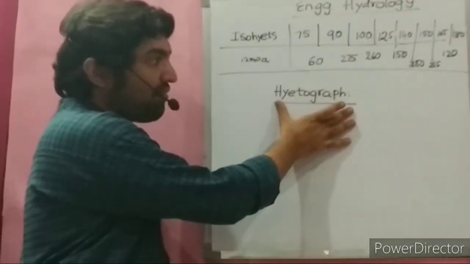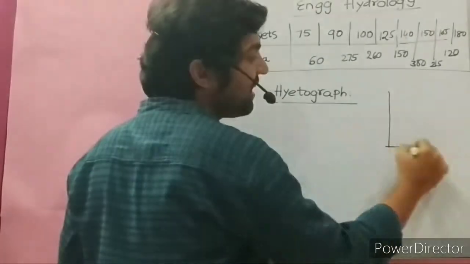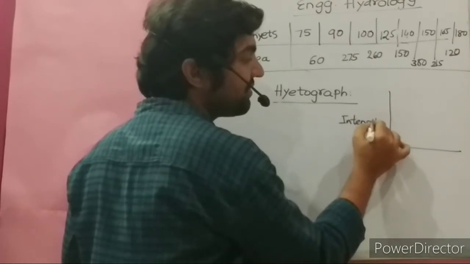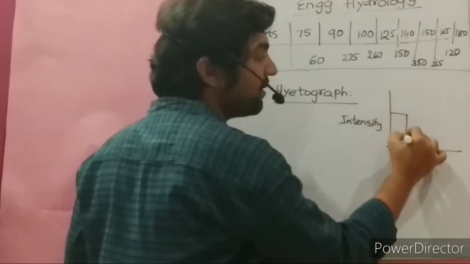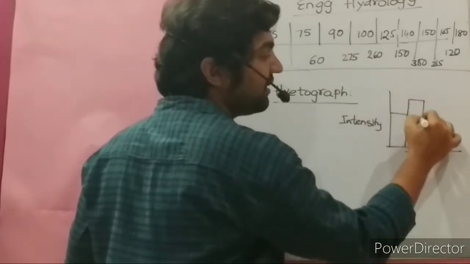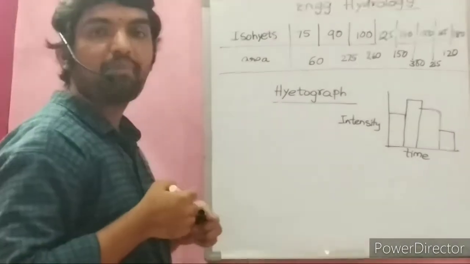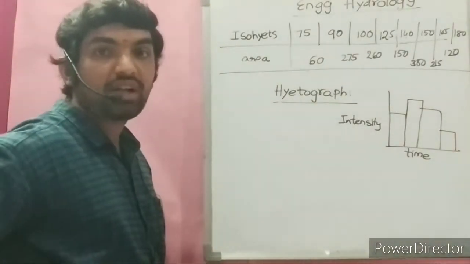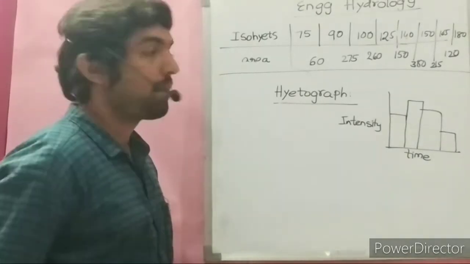So the hydrograph is a presentation of rainfall data: rainfall intensity versus time. The intensity of rainfall gradually changes with time. Hence we represent the intensity of rainfall versus time in the form of bar charts. Already we have studied histograms and bar charts in your mathematics, and in construction technology and management we have seen the bar chart and Gantt chart.